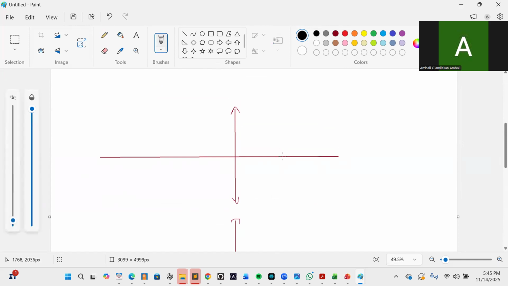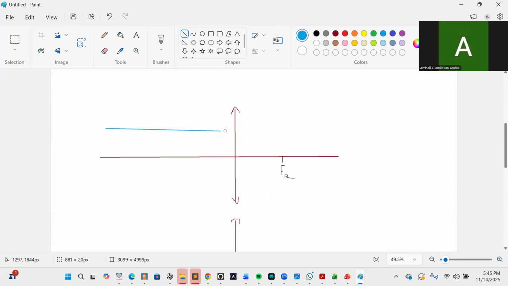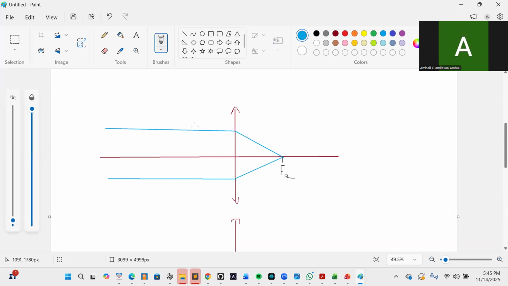It's the point in which parallel rays of light converge to or appear to diverge from. Do you get that statement? They converge to in a convex lens, or appear to diverge from in a concave lens. So you have parallel rays of light coming from infinity. Where they converge to, because the convex lens will converge them, is F2 for a convex lens.